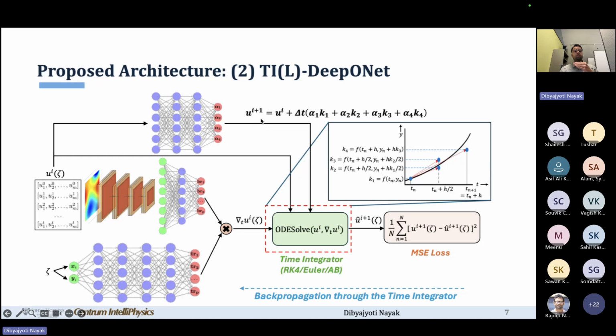So the adaptive RK4 update equation becomes something like this, where instead of the fixed coefficients, you have the learned slope coefficients, the four alphas. The rest of the process remains the same: you do a numerical time integration, predict the next time step, compute an MSE loss, and then do backpropagation in the normal fashion.